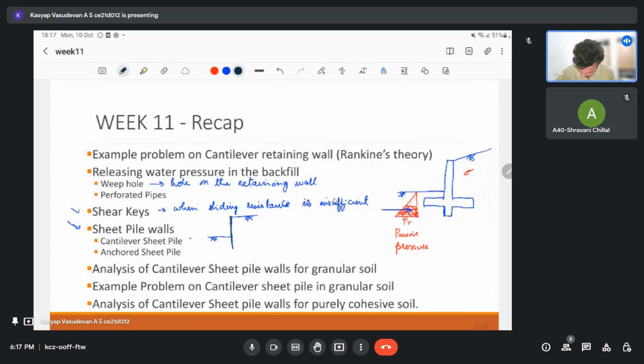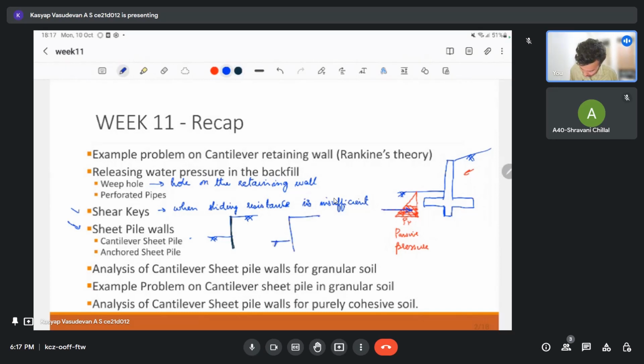So it acts as a cantilever, and sometimes when we calculate the embedment depth, it might come out to be a very huge value whenever we have a huge active earth pressure. In that case, we can provide an extra member that is called the anchor.